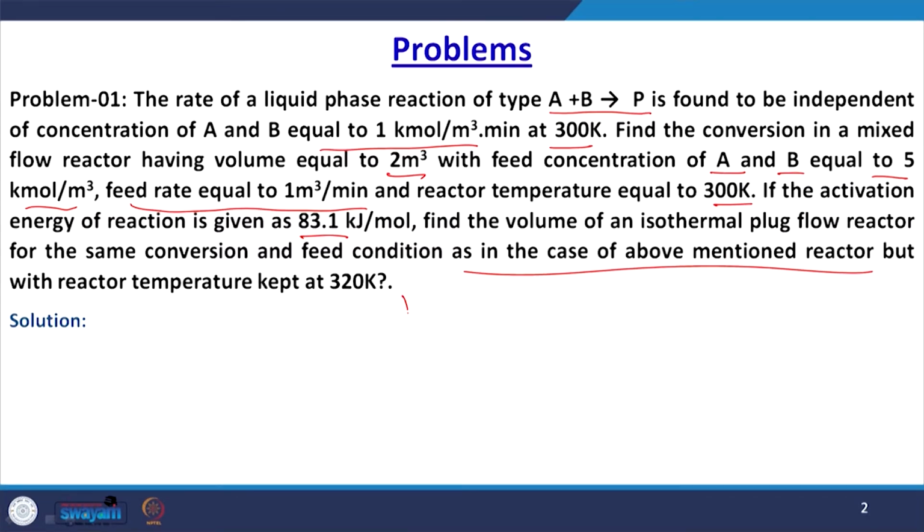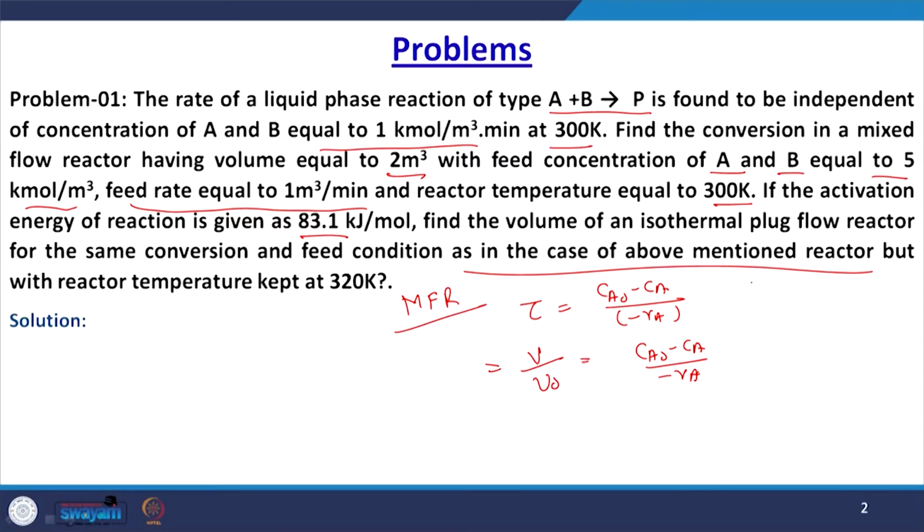Now for the mixed flow reactor, tau is equal to (Ca naught minus Ca) upon minus Ra, which can be represented as V upon V0 equals (Ca naught minus Ca) upon minus Ra.